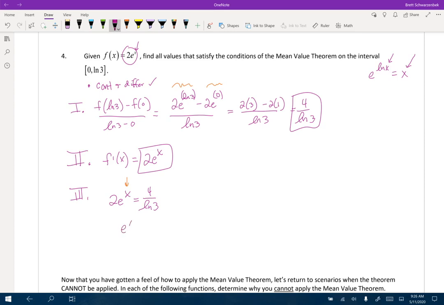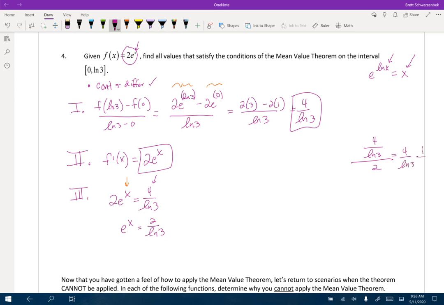Remember, when you divide by 2, it's the same as multiplying both sides by a half. And if you multiply this by a half and simplify, you're going to get 2 over the natural log of 3. So just to be clear, as an aside, 4 over the natural log of 3 divided by 2 is going to be equal to 4 over the natural log of 3 times 1/2.